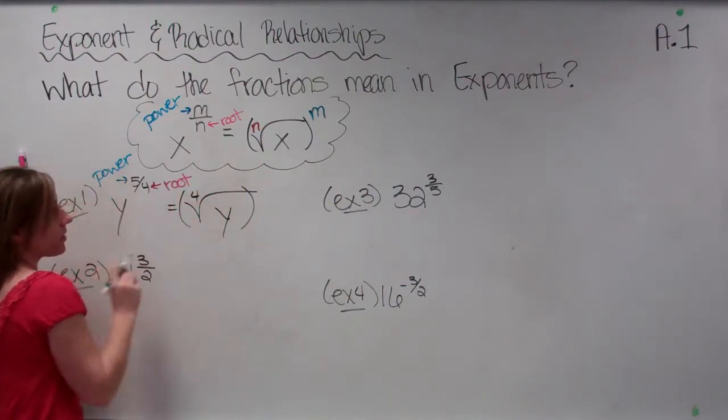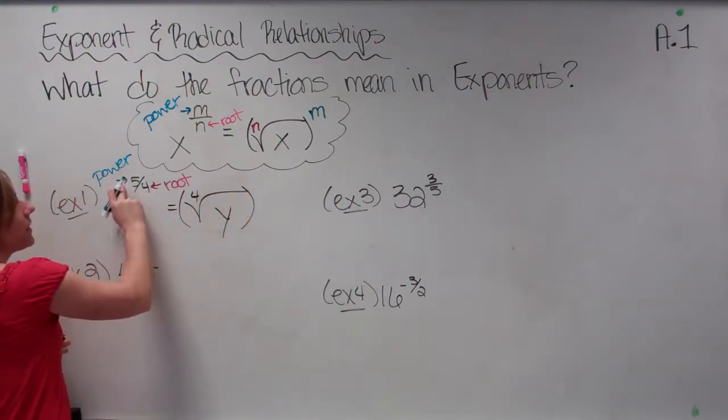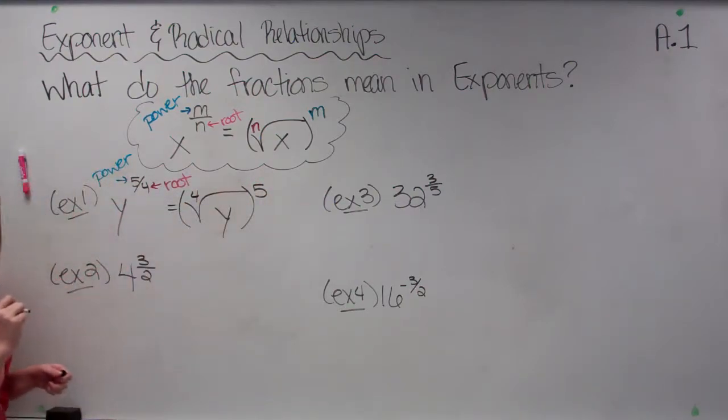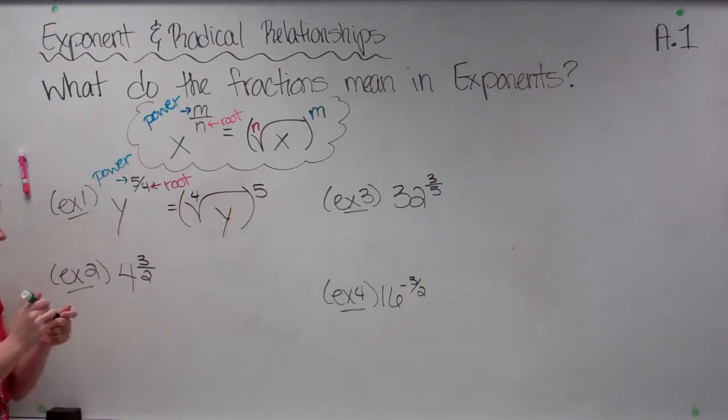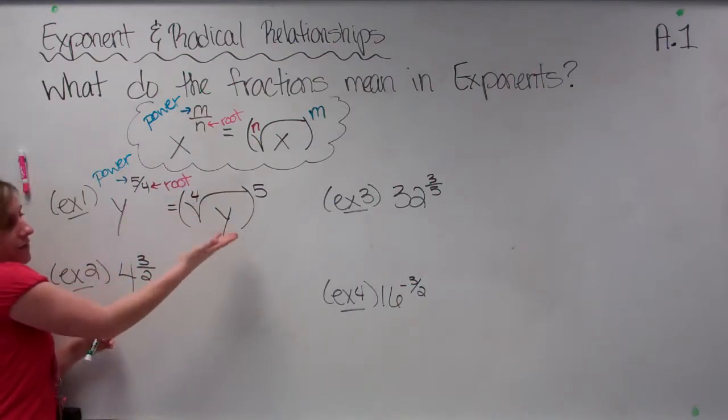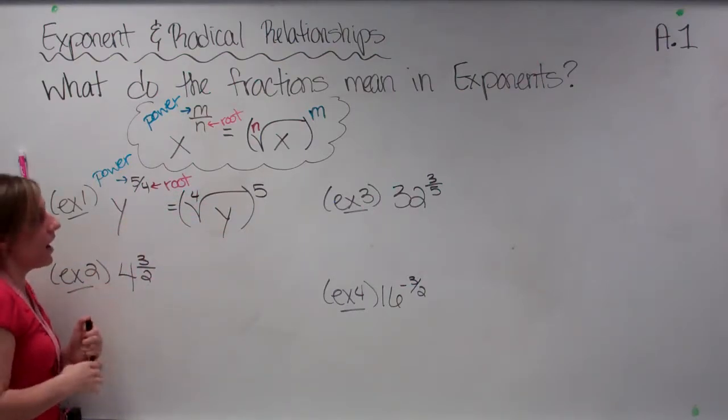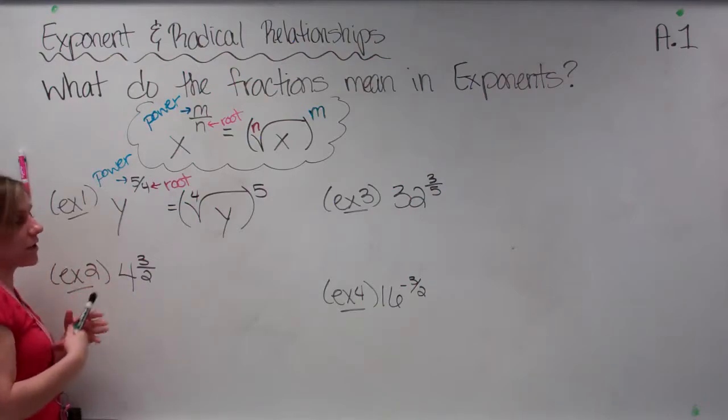That makes it smaller. And then to the 5th power. Okay? So the root goes in here, that's the denominator. The power goes out there, that's the numerator. All right, so then, this really doesn't take us very far. That's as far as we can go. So that's really all it is with variables.